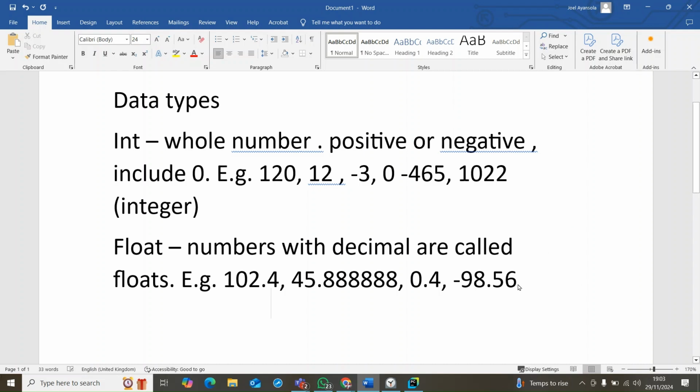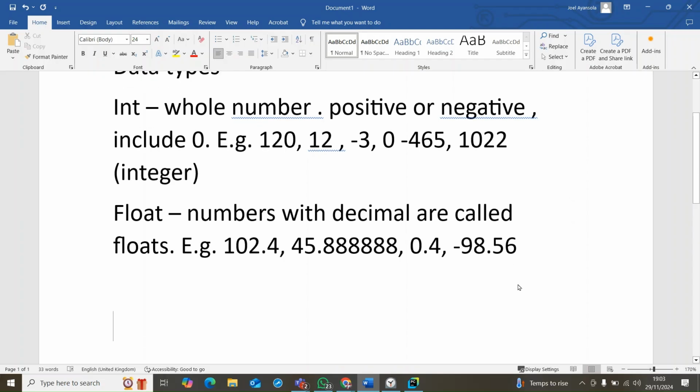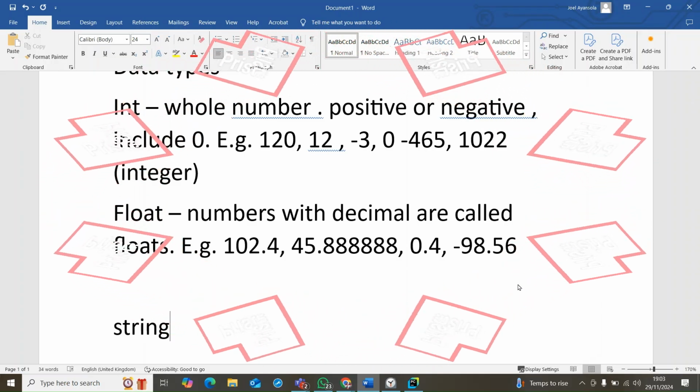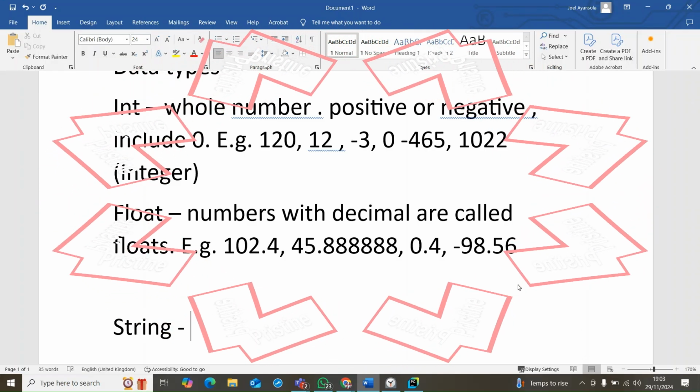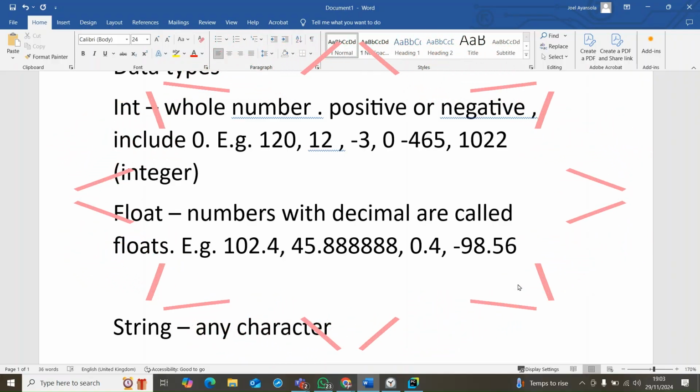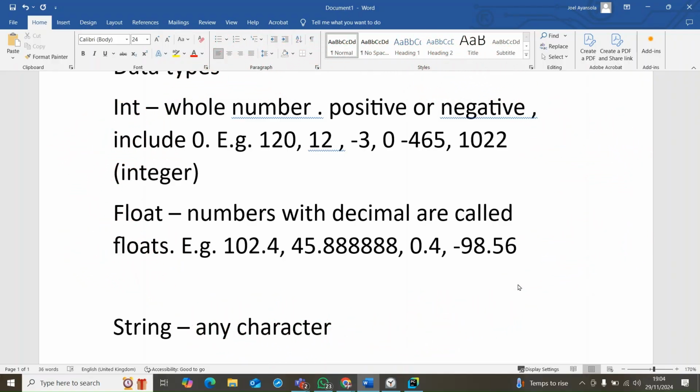Another example of a data type is what we call string. So a string is any character whatsoever. As long as you can type it in, it's a character. But the difference between string and anything else is they are contained in quotes.